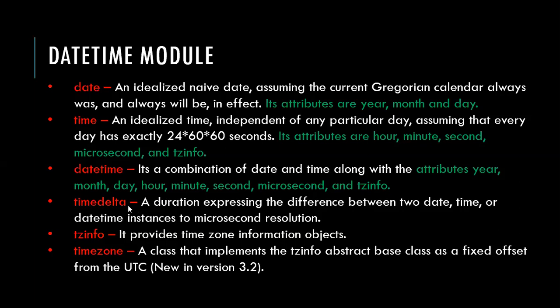And another class is the timedelta class. This timedelta class is used to express a duration, the difference between 2 dates and times. And tzinfo, time zone, of course these are not well defined classes, these are abstract classes. Abstract class means the class is declared but the definition is not provided.